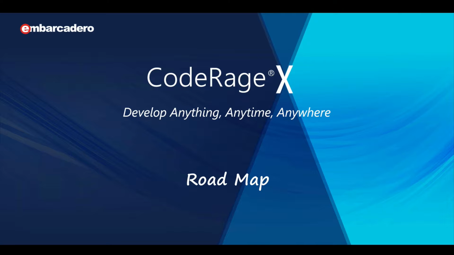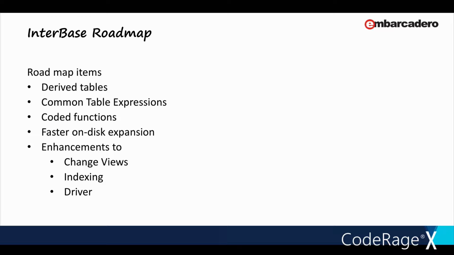Just about the roadmap now. So we've delivered pretty much everything we were going to deliver and promised to deliver last year. We've been working hard on making sure that new features have got the extra oomph around the edges as we've been going through with XE7.